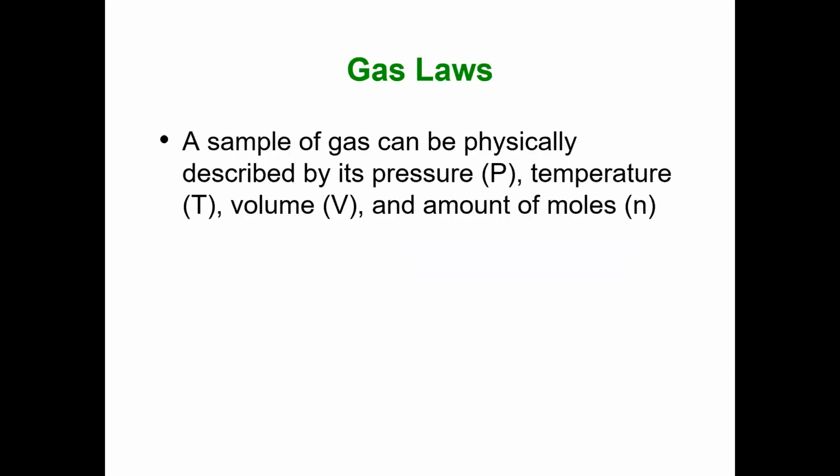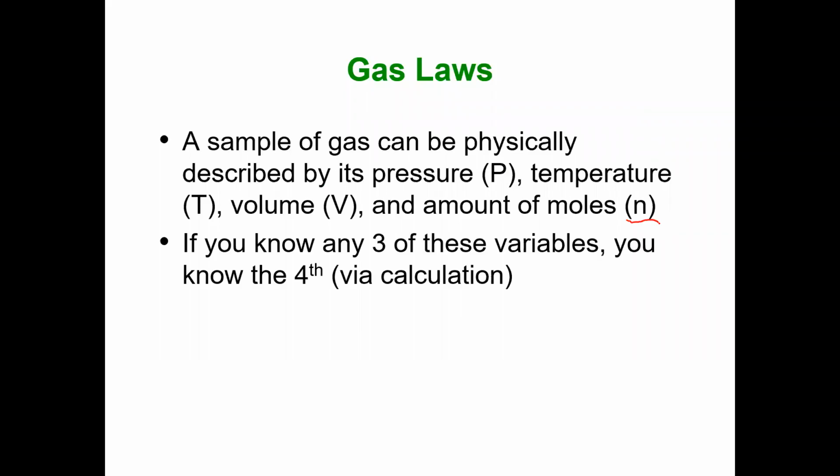So for all gas laws, and not just Boyle's law, there are four basic parameters we use to measure. One is P for pressure, T for temperature, V for volume, and as we've discussed in the past, moles. Here we're going to use lowercase n to represent the number of moles of our gases.